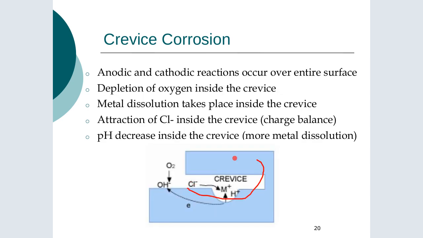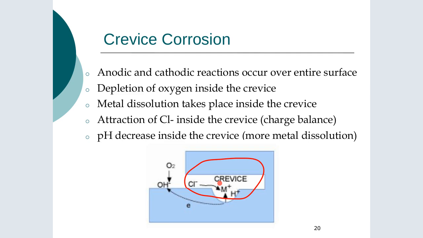We have this crevice, so stuff seeps in there, it is held in there, it stagnates. And again, thinking of stagnant flow regions, things where stuff can accumulate, is generally bad news from a corrosion perspective.